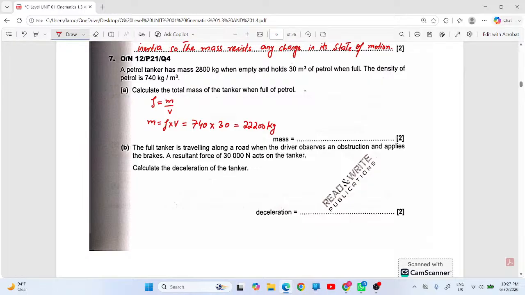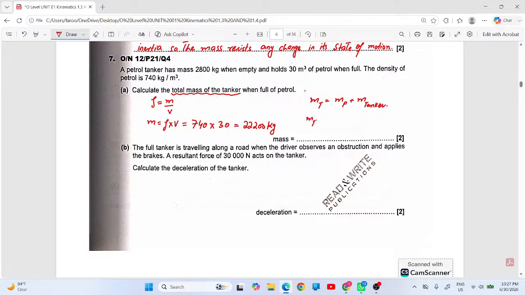No, calculate the total mass of the tanker. So this is the mass of petrol. So the total mass is mass of petrol plus mass of tanker.